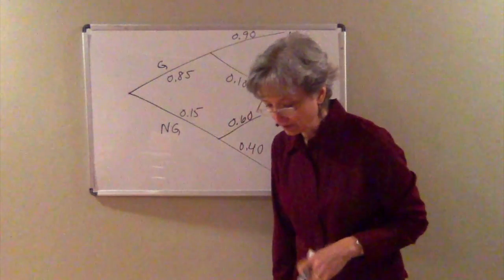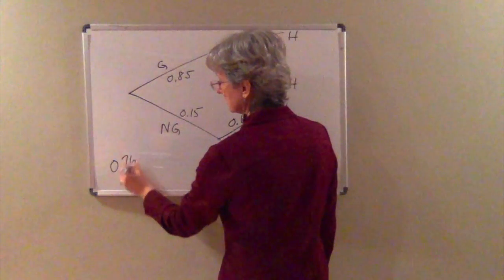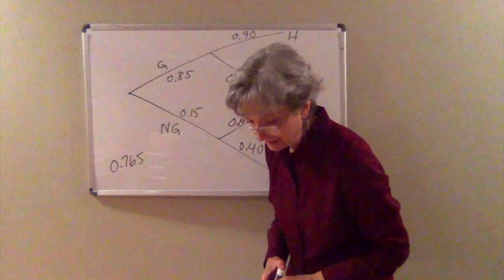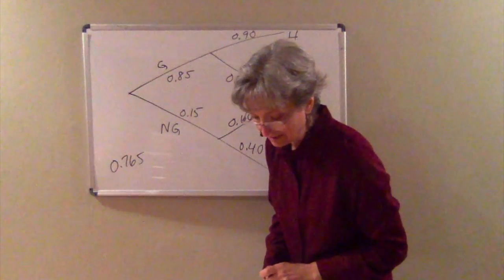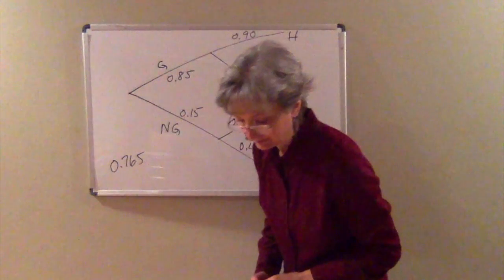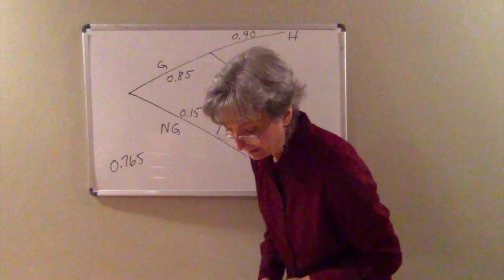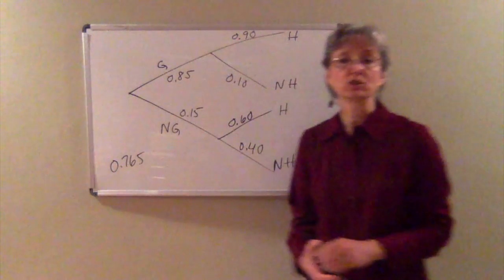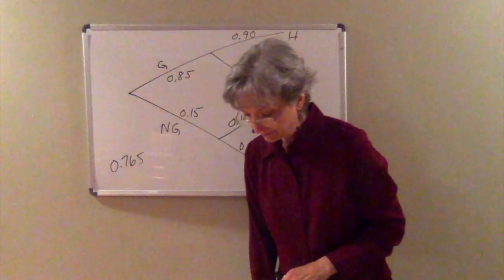And that gives you 0.765. Okay? That is that they graduated and are happy, right? Okay, probability that a person graduated and is happy with his or her job. There we go. All right.